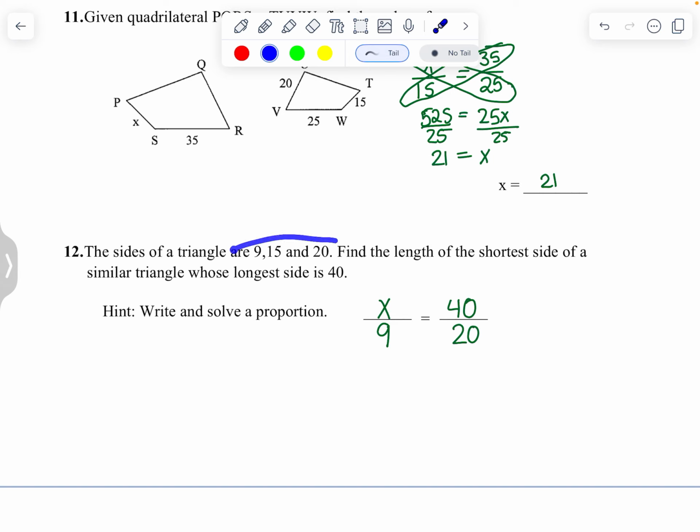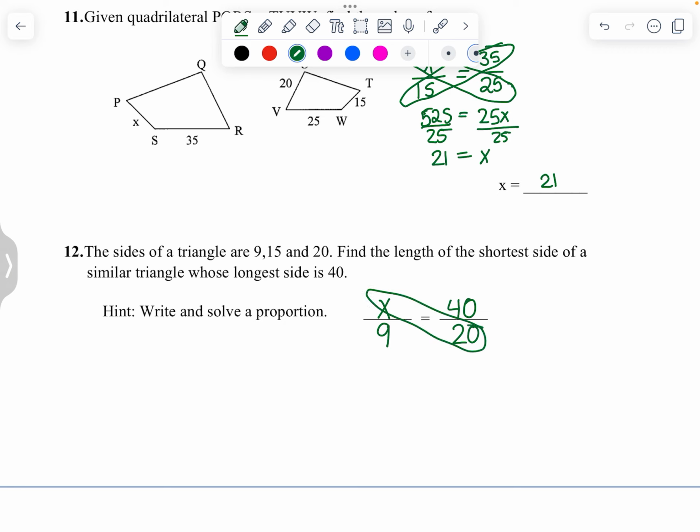We have our small triangle, and we want to keep our small triangle on bottom. And then we have our similar triangle, and we want to keep our similar triangle on top. So there's an unknown side in the similar triangle, and there's the largest side in the similar triangle, and we want to keep both of the similar triangle sides on top. So that's why we had to fix that.